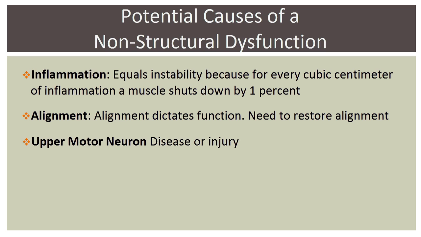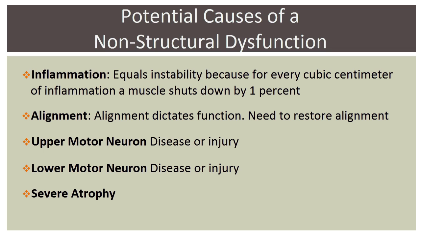Does the patient have upper motor neuron disease or injury? Was there an old TBI or concussion or stroke or spinal cord injury in the patient's history? Or could there be a lower motor neuron injury such as neuropathy or an impingement of a nerve? Those too may cause non-structural dysfunctions in our patient, and we need to address them accordingly. The patient might have severe atrophy if they've been immobilized or in a coma for a long period of time.